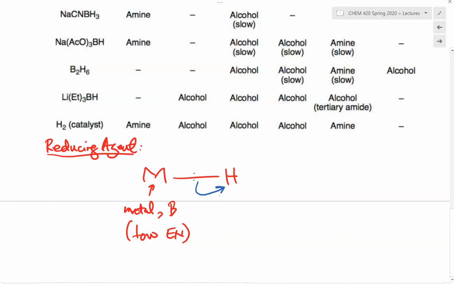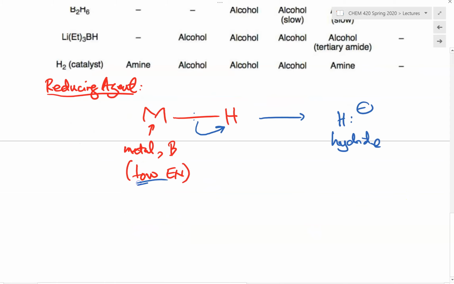Now the hydrogen is able to break off with the electron, and that's how we produce our hydride. The less electronegative this atom or metal is, the more willing it is to give an electron to the hydride, so we can produce more of this hydride. Therefore, different metals have different reactivity.